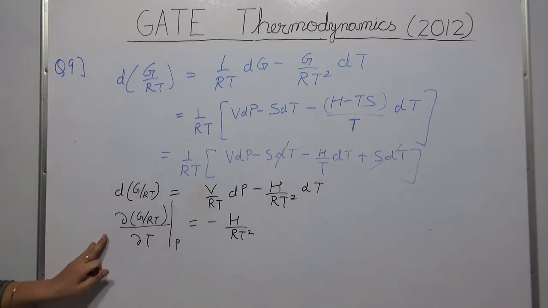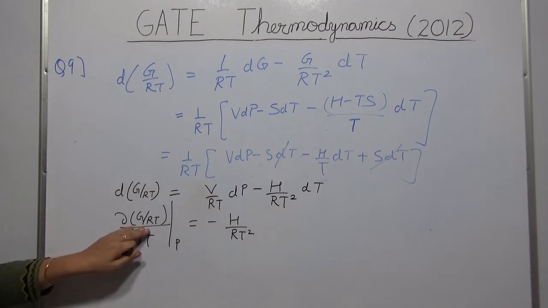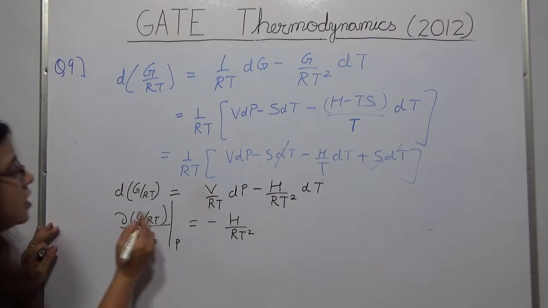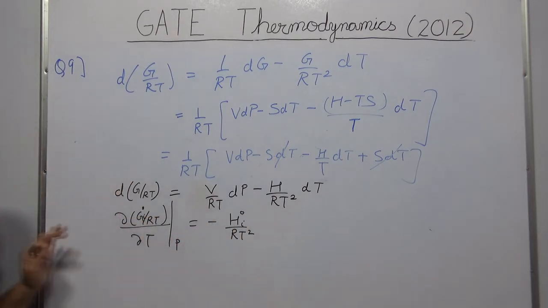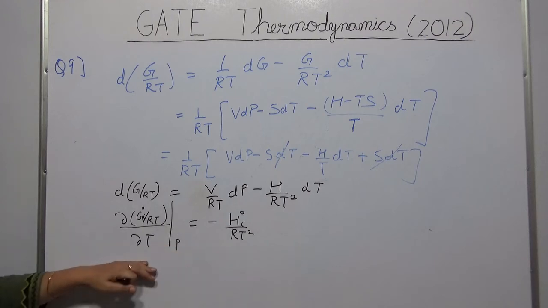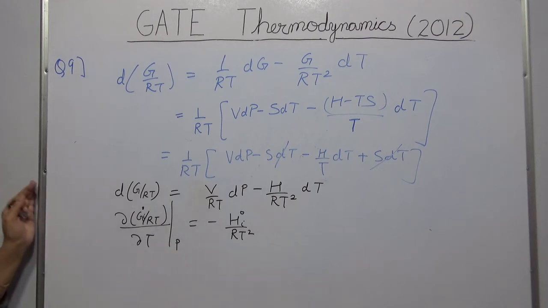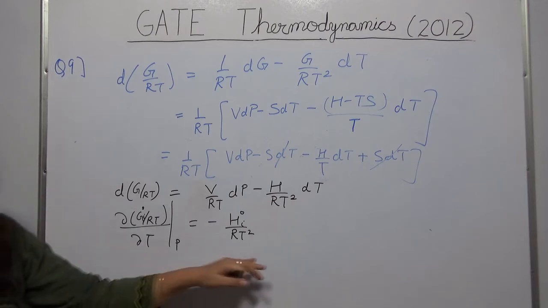Now if I write this equation for Gibbs energy of pure species i in standard state, I can write it for Gi0, and here it will be Hi0. Now for a reaction I have i species, and I can write this equation for all the i species.